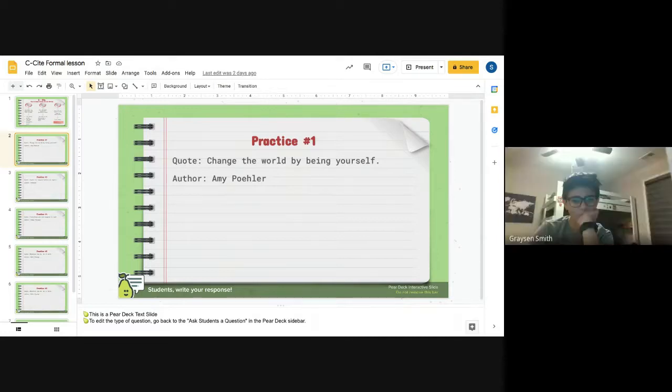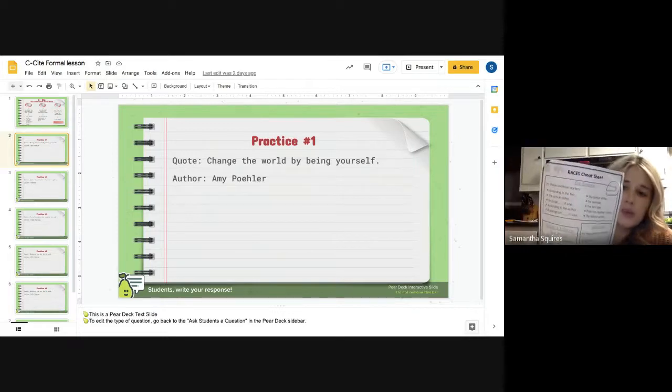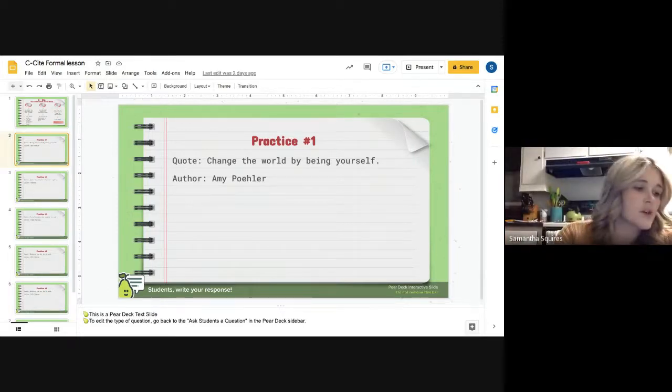Let's do the first two steps. So the first step is you have to introduce this quote. On your little cheat sheet up at the top, I want you to pick one of those. Obviously, we won't say like the article on page blank in the paragraph, but what's something that you could say?